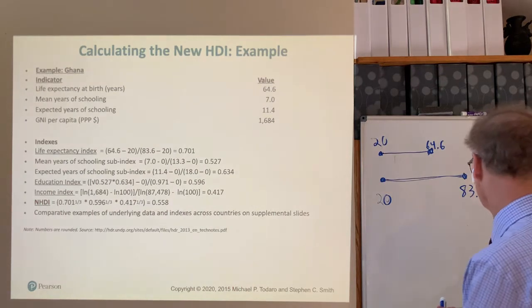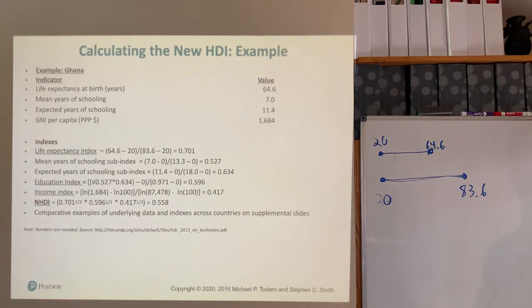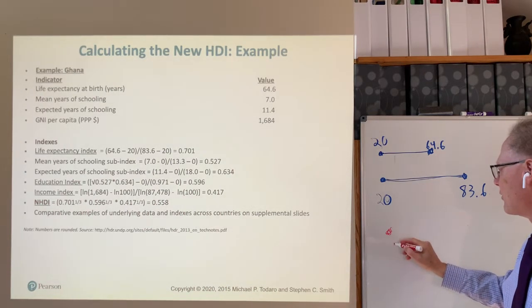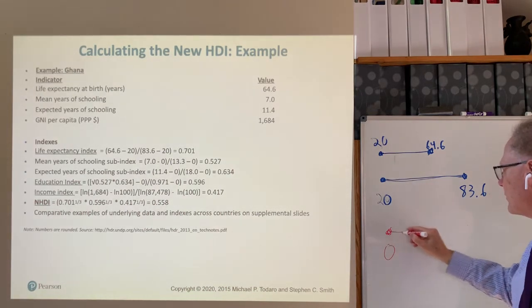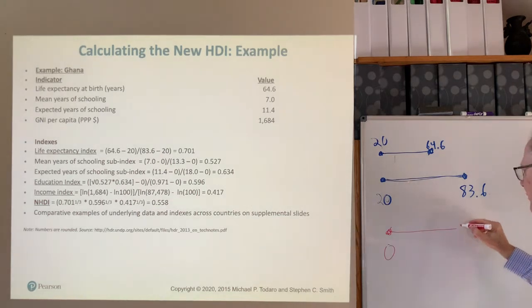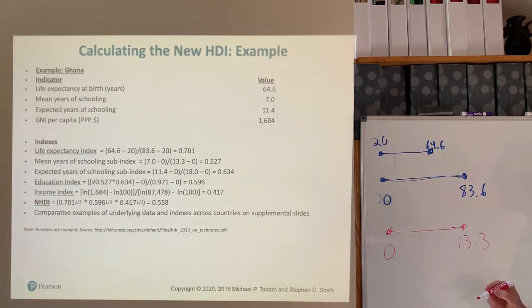So in this case, we're doing something very, very similar. The goalposts run from 0 up to a maximum of 13.3.